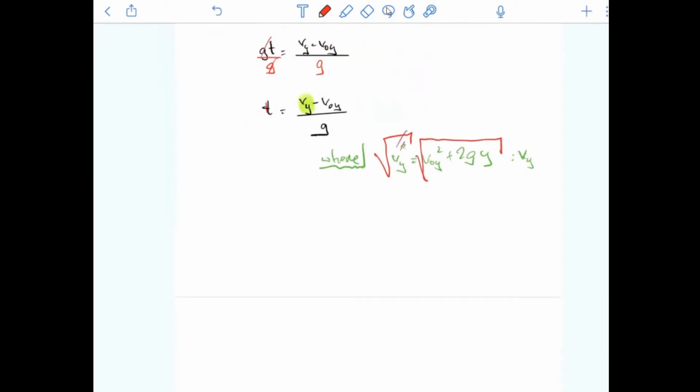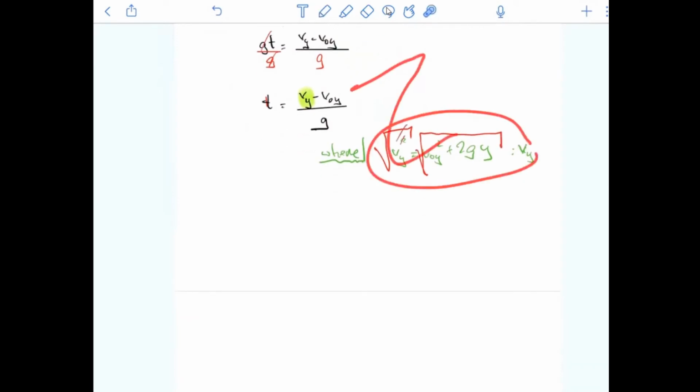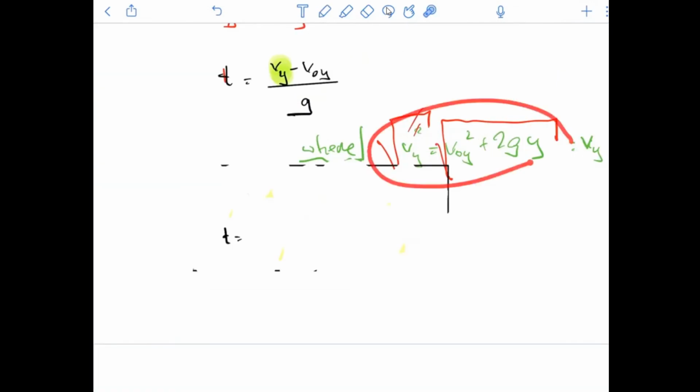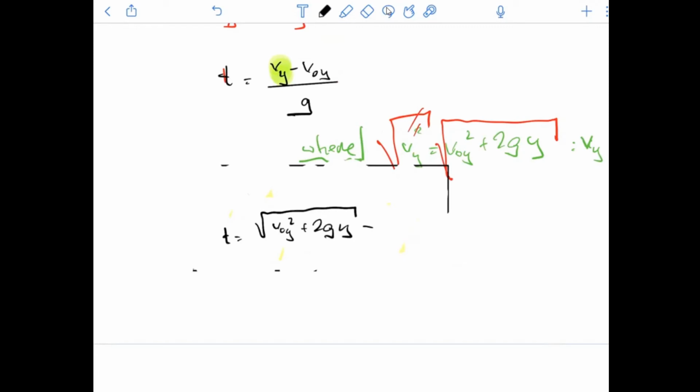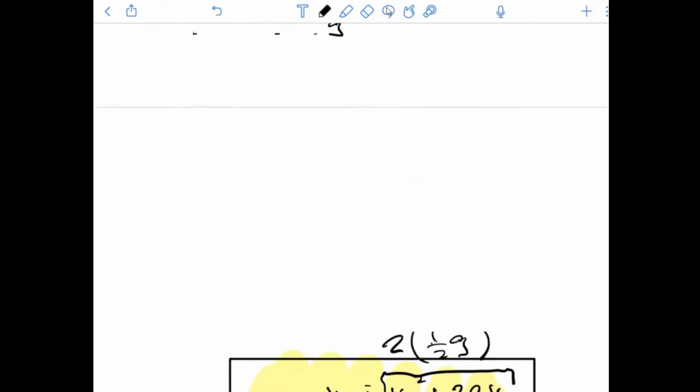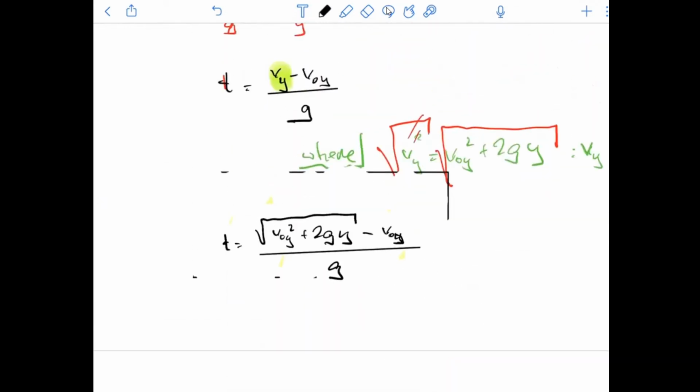And now whatever this says, you can just substitute back into that formula. This will have to be substituted in there. So the square root of initial velocity squared plus 2 times g times the height, minus the initial velocity, divided by g. Now the equations look the same, except the only thing I have to do is just move these two terms around.